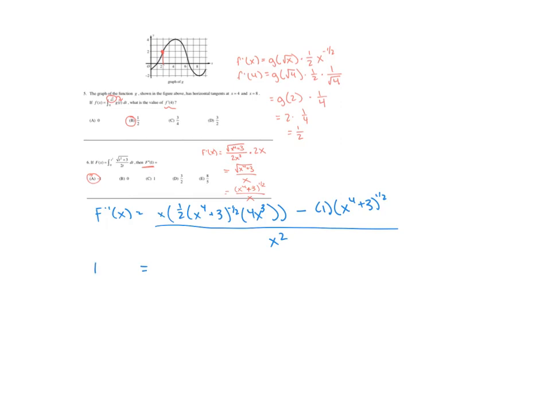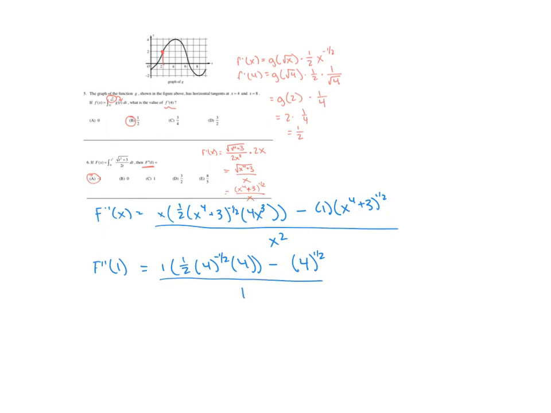We can plug in 1 now instead of simplifying it because it makes it, I think, a little bit easier. So I have 1 times 1/2. 1 to the 4th plus 3 is 4, to the negative 1/2, minus, and then 1 times 4 to the 1/2. All over 1 squared is just 1.